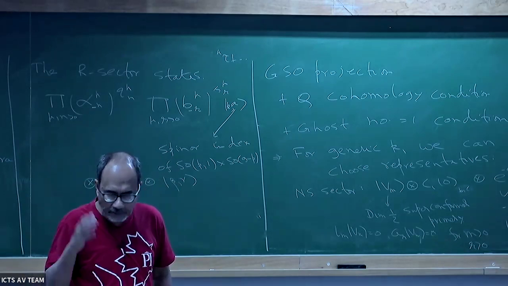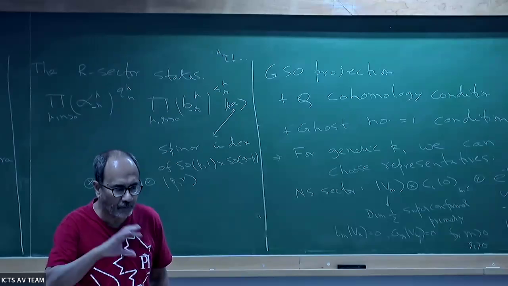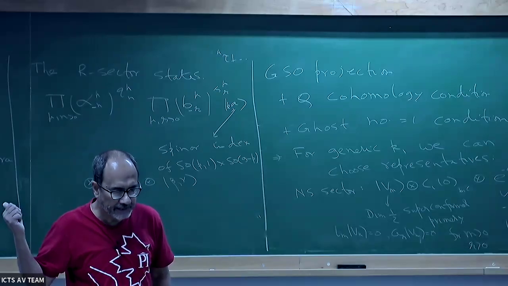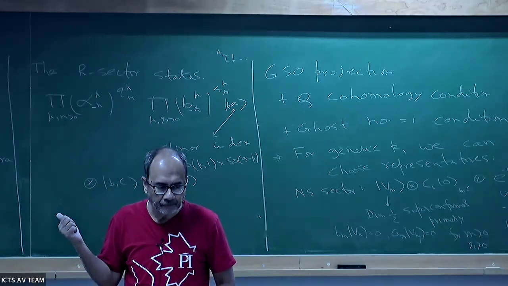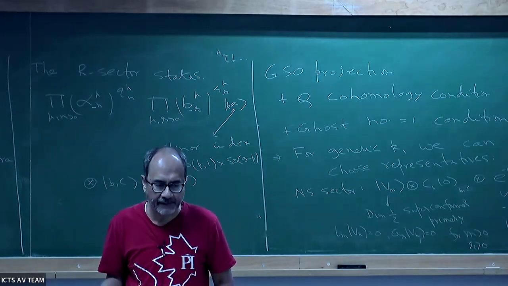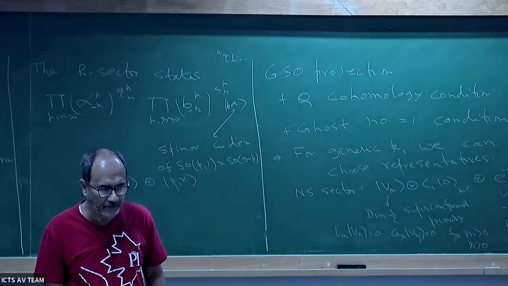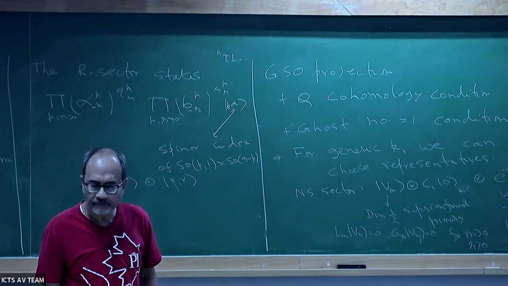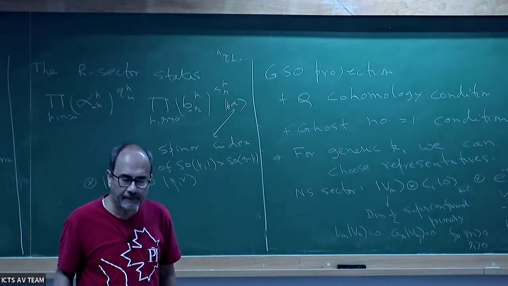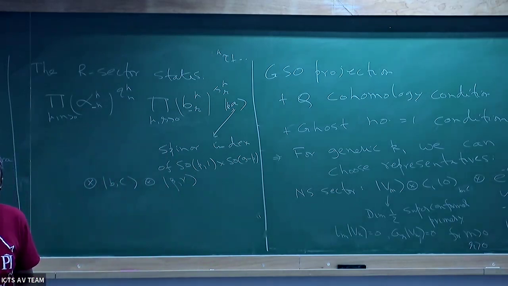Once you have a D brane, you have to put boundary conditions on those, and it will automatically relate the holomorphic and anti-holomorphic parts, just like it is doing for the fields. So once you have fixed the holomorphic part, the anti-holomorphic part gets fixed. That's why you cannot have more than half the supersymmetries. So each D brane will break at least half the supersymmetries.